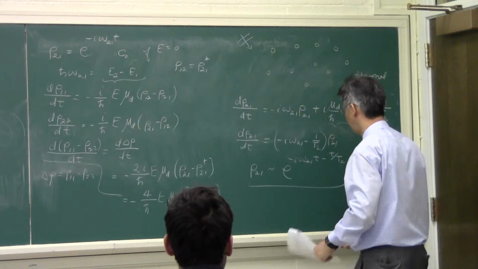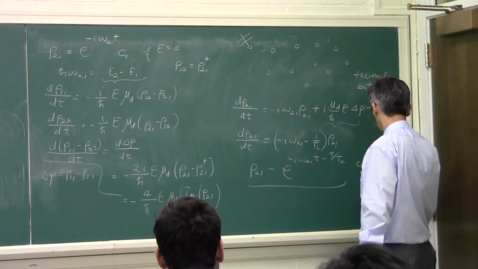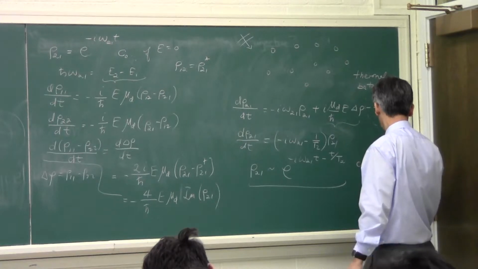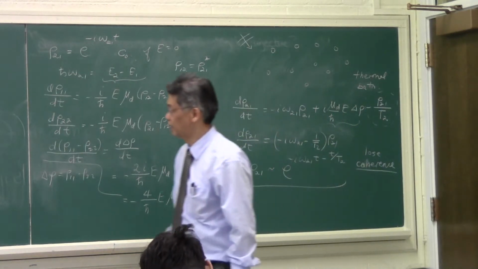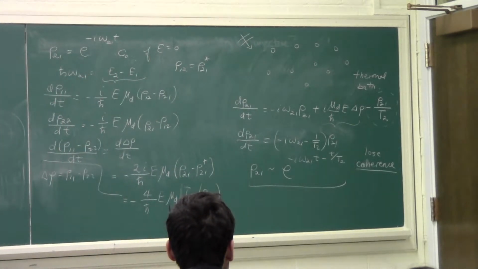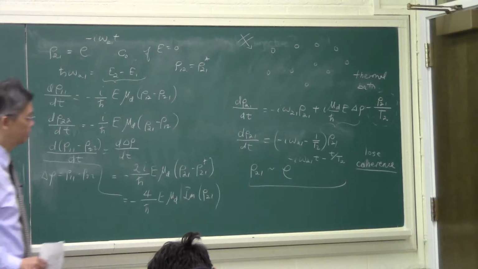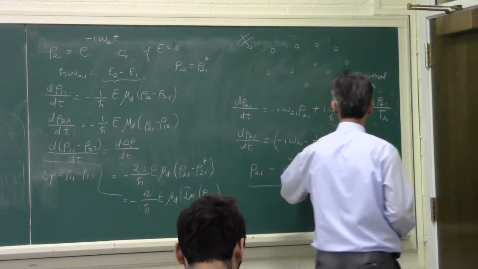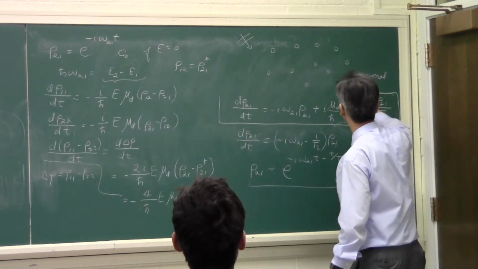Okay, you will lose coherence. The energy states will lose coherence and this will ensemble average to 0 after a while. And that is a phenomenological way to describe this phenomenon. Okay, so we just add this equation in that manner.